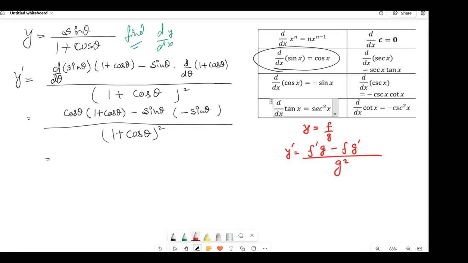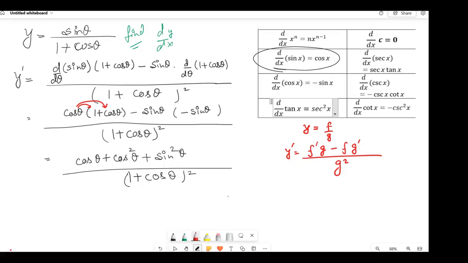Okay. Now, when you simplify, this cos theta can multiply with inside, FOIL inside. Let's write 1 plus cosine theta whole square. Cosine theta times 1 is cosine theta, plus cosine theta times cosine theta is cosine square theta. Negative times negative is positive sine square theta. Now, what do you think this is? You guys should remember your trig Pythagorean identity.